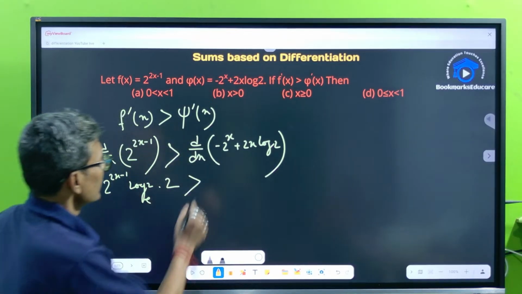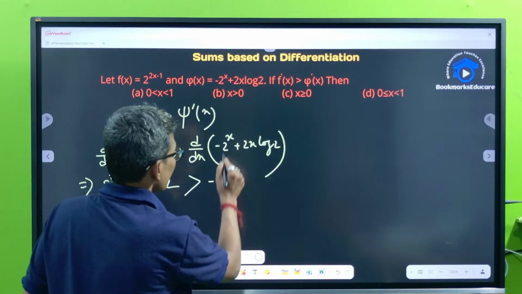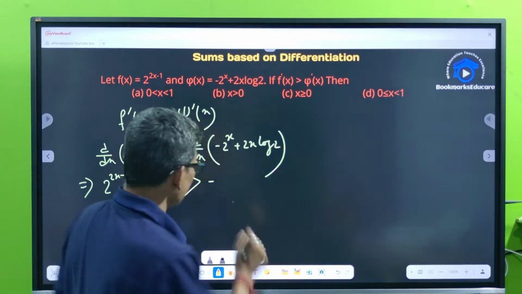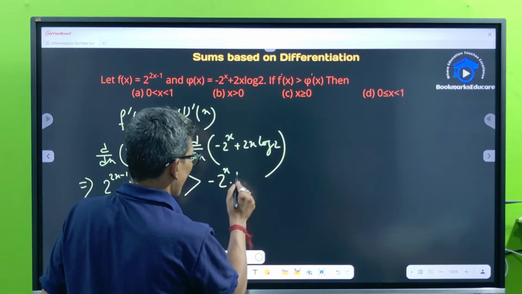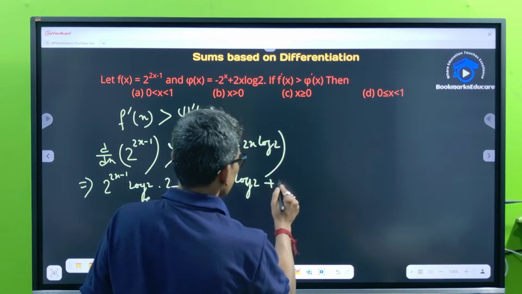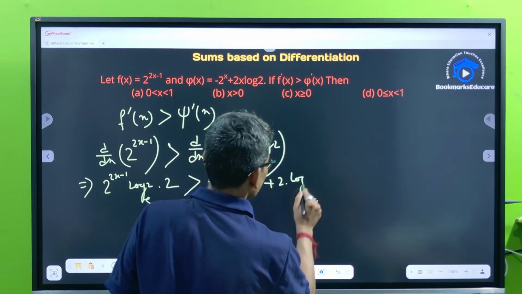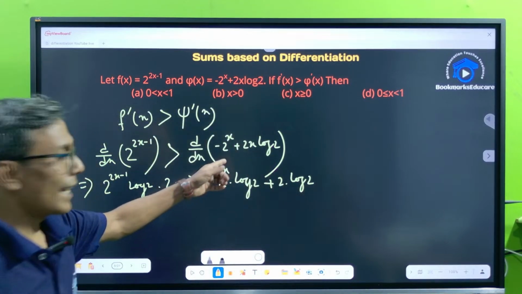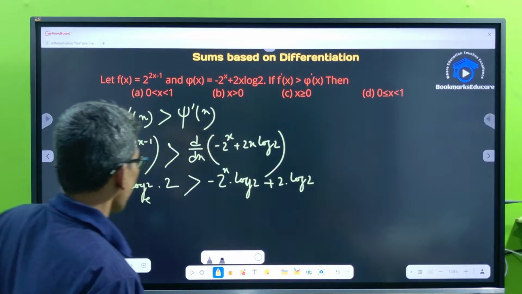This is greater than minus d/dx of 2 to the power x, which is 2 to the power x into log 2, plus 2 into log 2, because d/dx of x is 1.